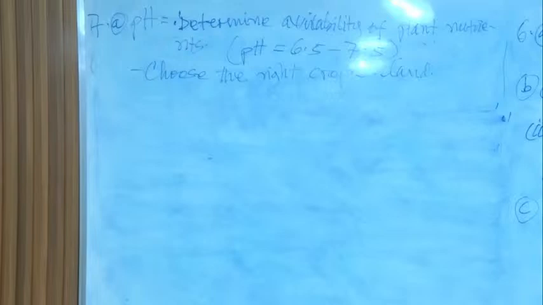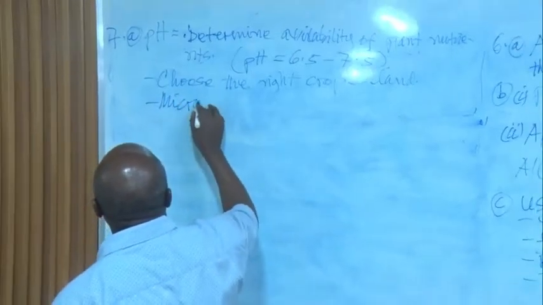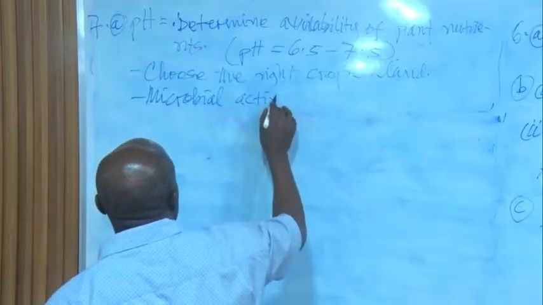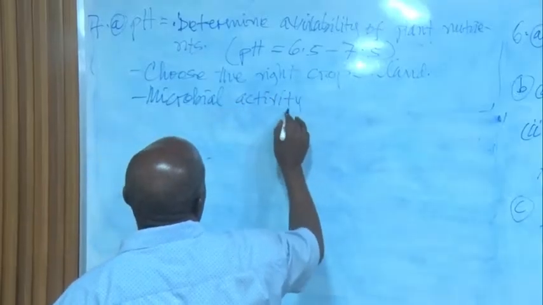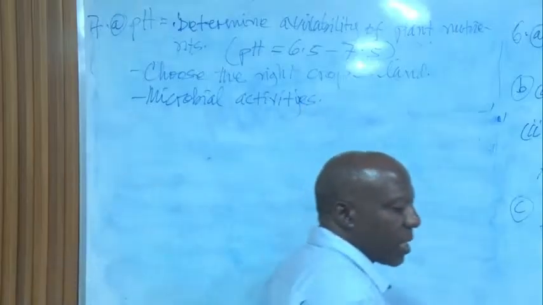Another one is that it affects microbial activities. These are very important organisms. For example, decomposers, which decompose remains of plants and animals to add soil organic matter, which is rich in plant nutrients.